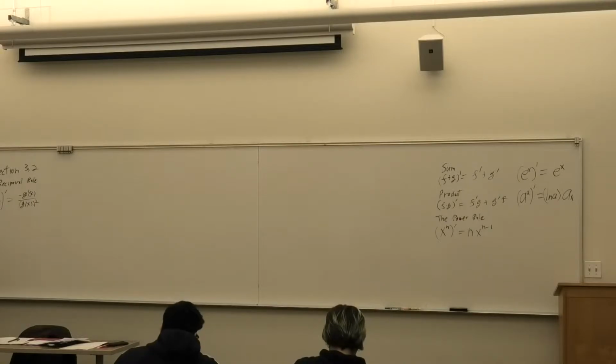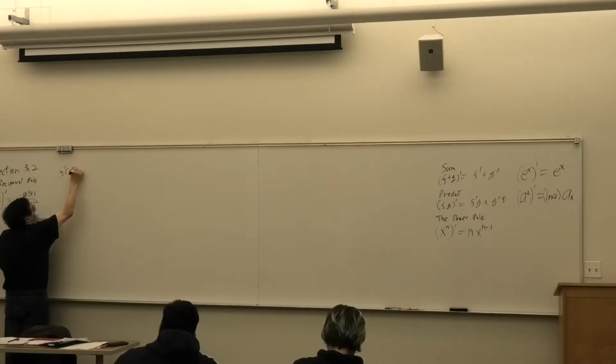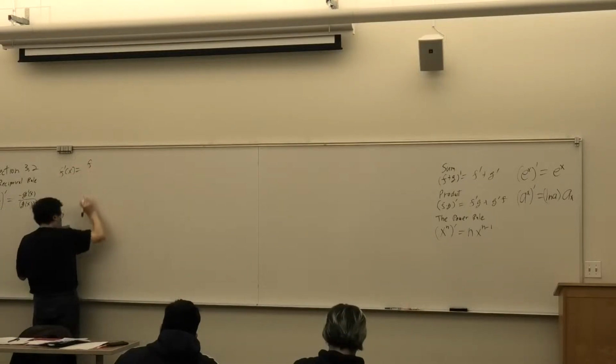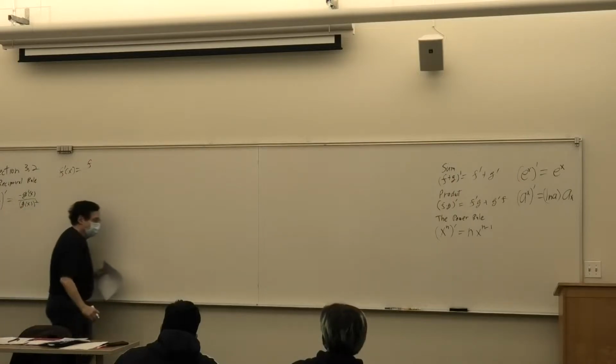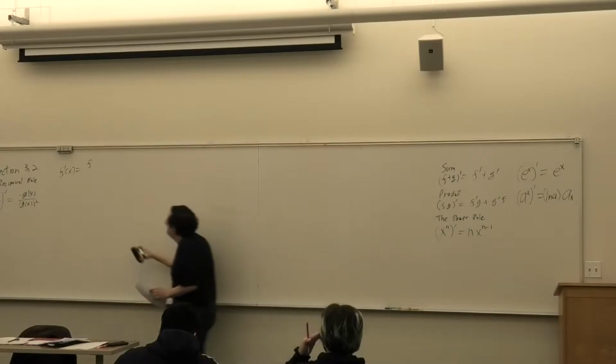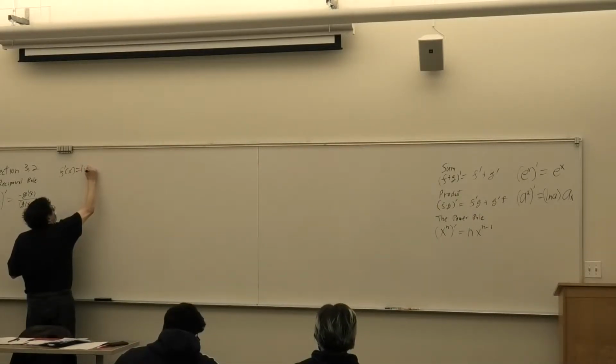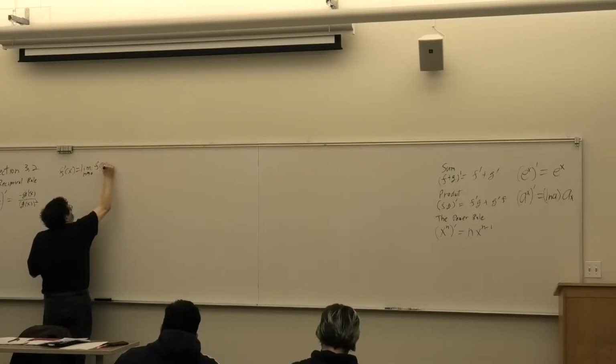So how do we get that? Well, we go back to our derivative definition: the limit as h approaches 0 of f of x plus h minus f of x, over h.